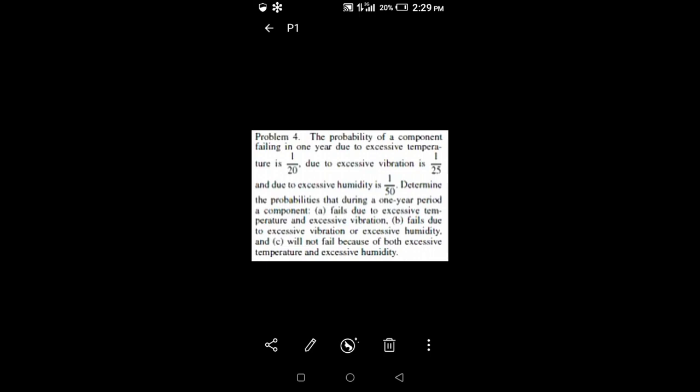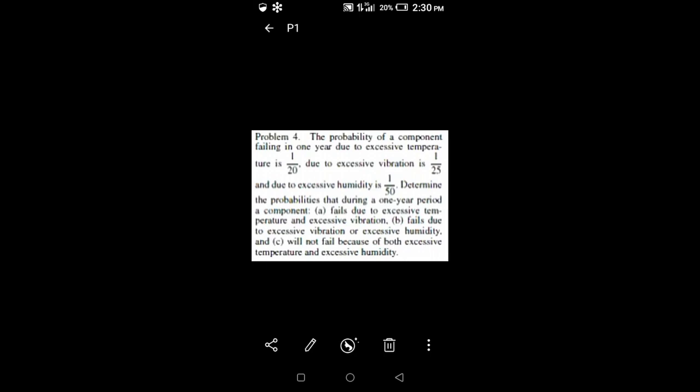For it to fail due to both, our P, the total probability, is equal to 1/20, that is failing due to excessive temperature.